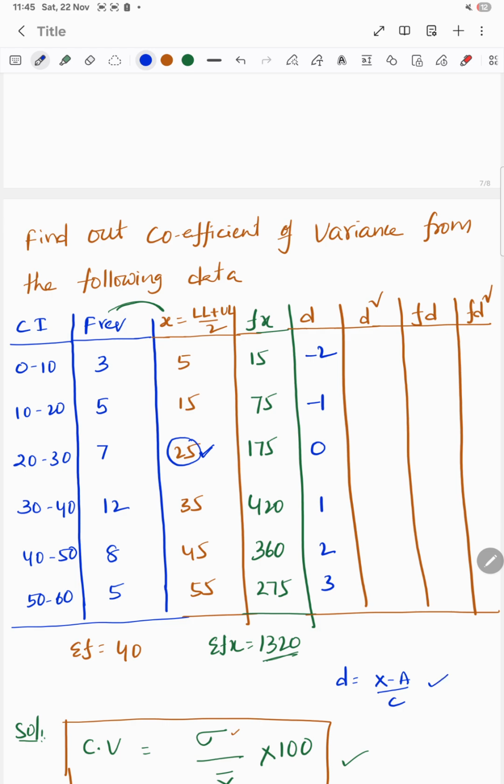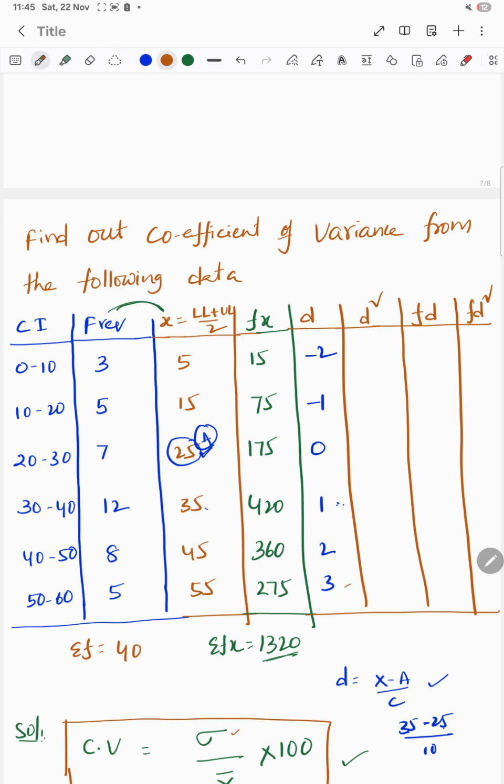For example, if you observe this one, what is the x value? 35. That's why 35 minus assumed mean, that is 25, by class interval, that is 10. So 35 minus 25 by 10 means 10 by 10, that is equal to 1. Similarly, you can check this also.